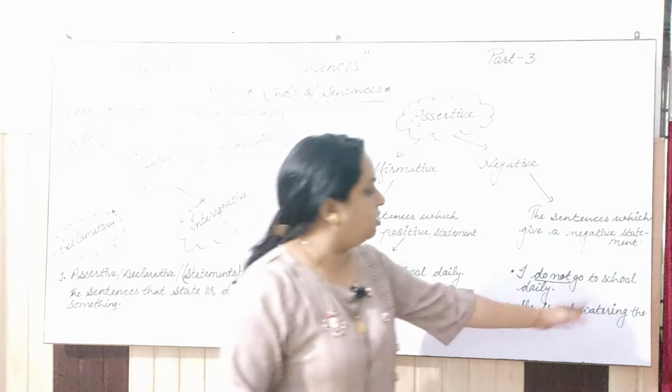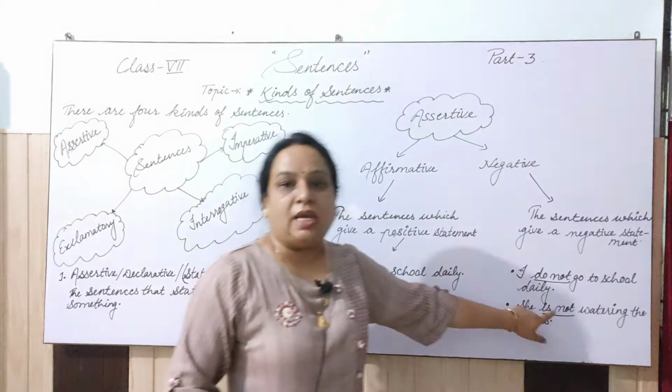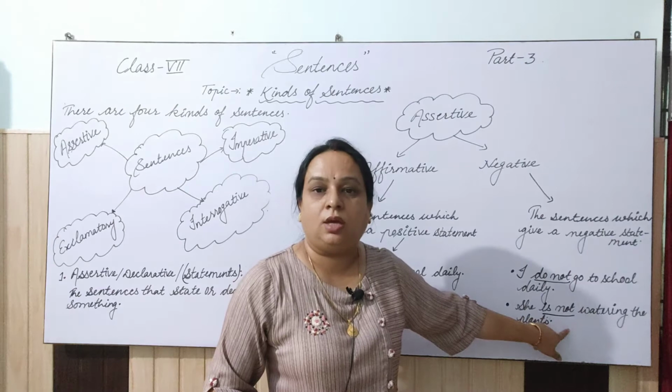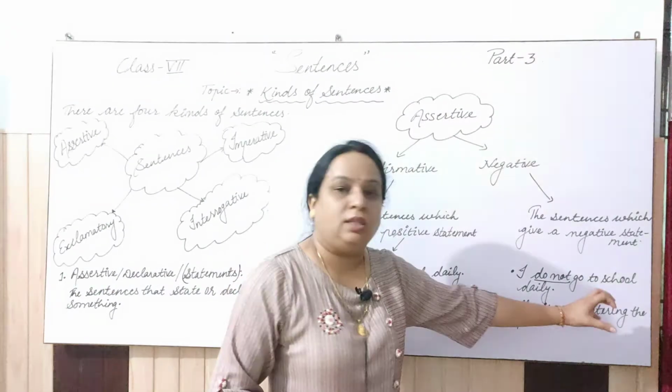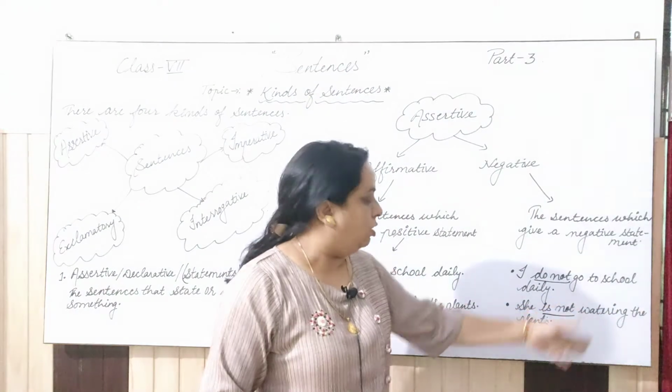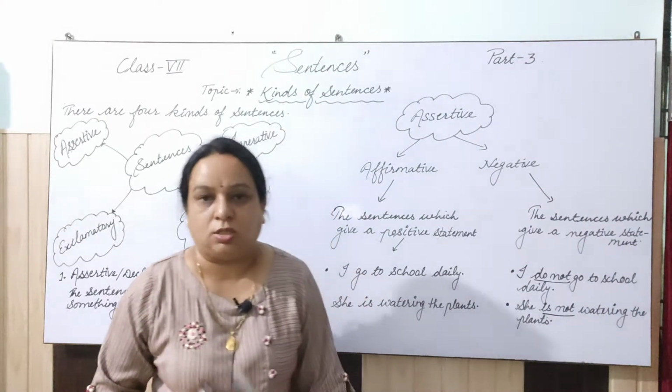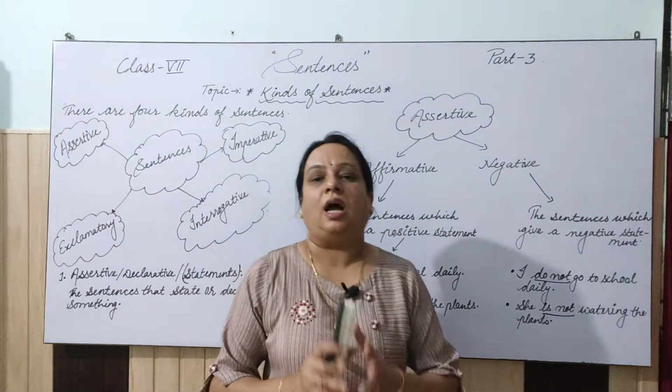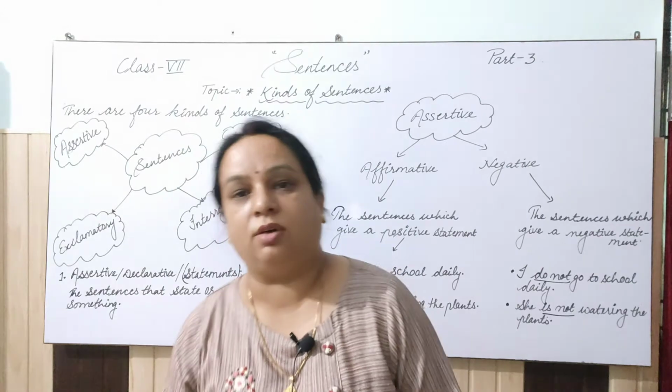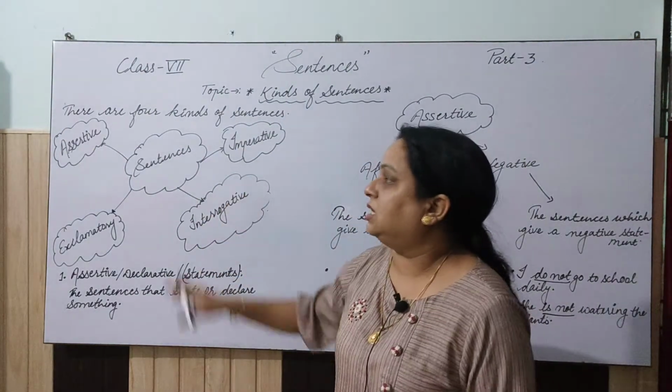In she is not watering the plants, she is the subject, is is the helping verb, not is the negative word, watering is the main verb, and the plants is the object. Clear? This is the first kind, assertive sentences, that we have covered.